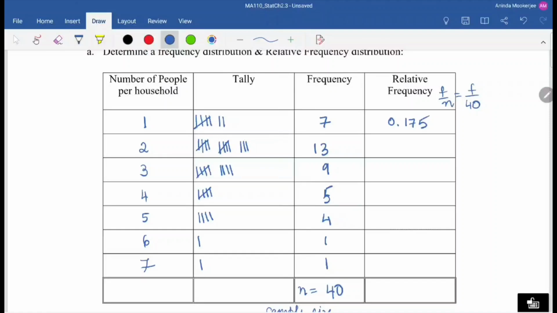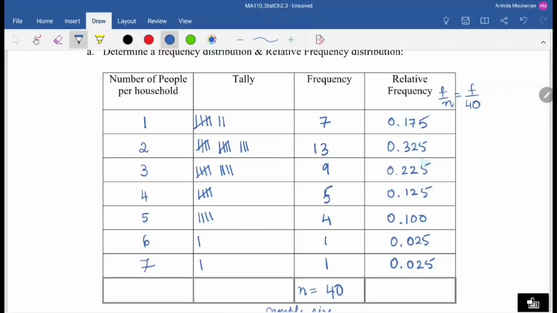So 13 divided by 40 is 0.325. 9 divided by 40 is 0.225. 5 divided by 40 is 0.125. Then we have 4 divided by 40 is 0.100. 1 divided by 40 is 0.025. And again, 1 divided by 40 for the last one is 0.025.